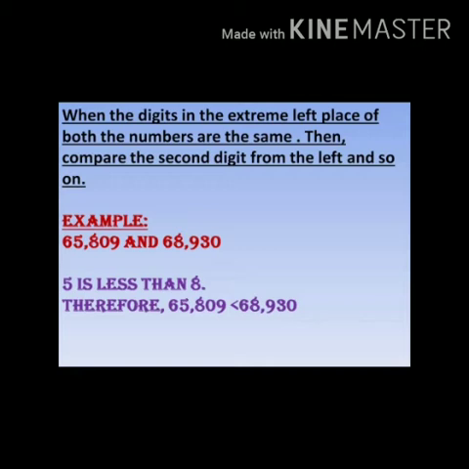In both the cases 6 is there. So we have to compare the second digit from the left, that is 5 in 65,809 and 8 in 68,930. 5 is less than 8. Therefore, 65,809 is less than 68,930.